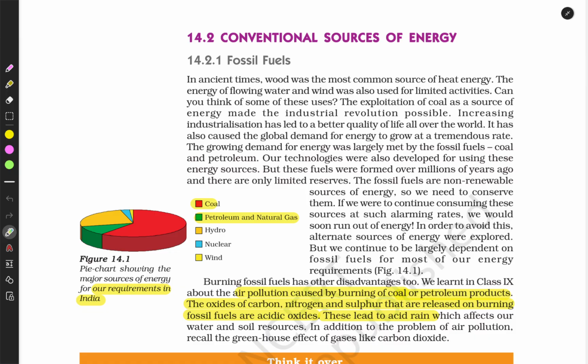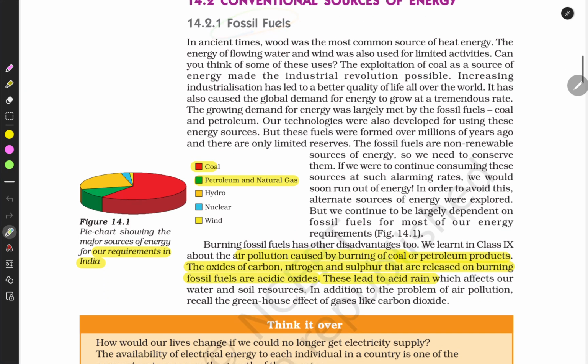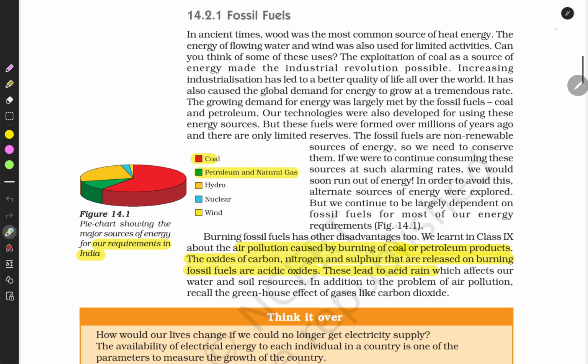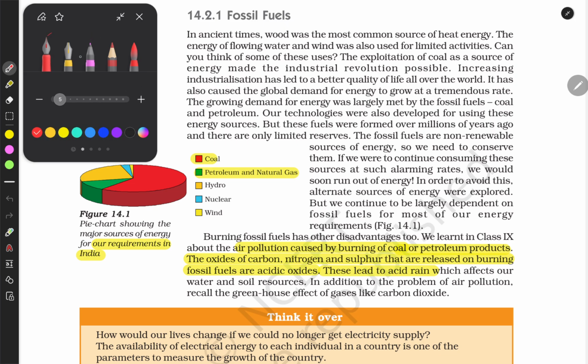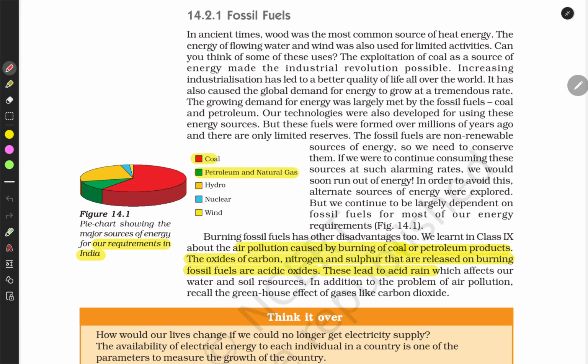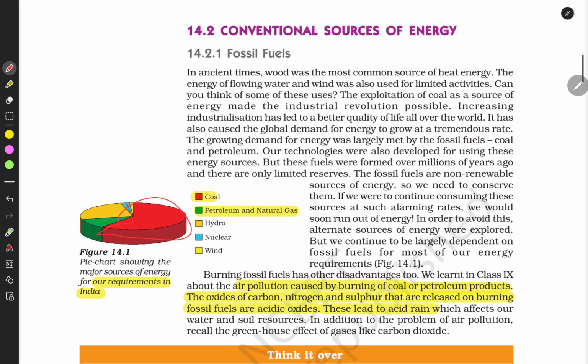Let's talk about it. First, there are conventional sources, in which we will study fossil fuels. Let's look at the chart first. This chart shows that coal is the major form of energy.